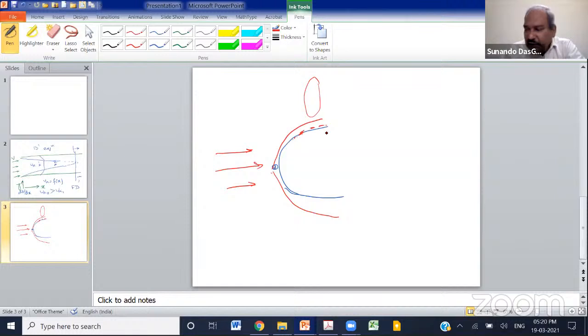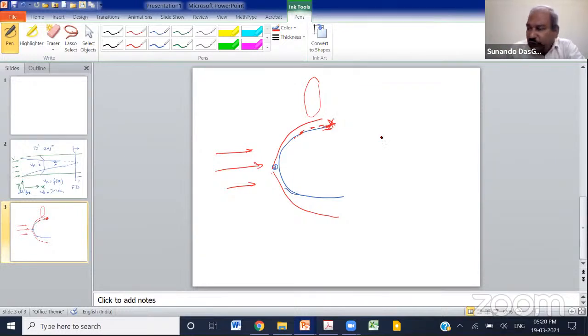At some point, the adverse pressure gradient would be such that it would bring the fluid to rest. So let's say at this point, the adverse pressure gradient will overcome inertia to such an extent that the fluid velocity is brought to zero.